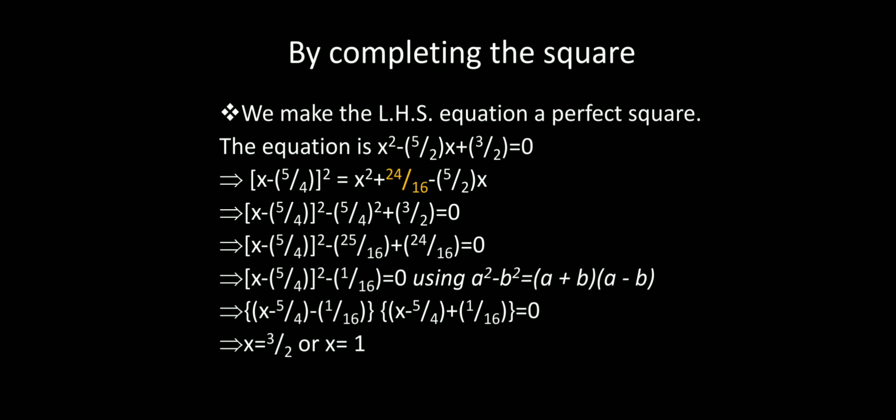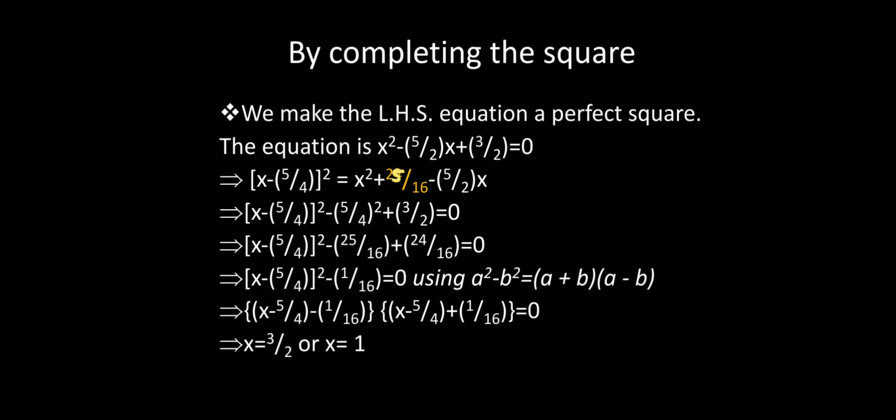Now x square minus 5 by 2x is in the equation, but 25 by 16 is not in the equation. So we will subtract it, which is 25 by 16 should be there. So x minus 5 by 4 whole square minus 5 by 4 whole square plus 3 by 2 equals 0. Okay, moving further.